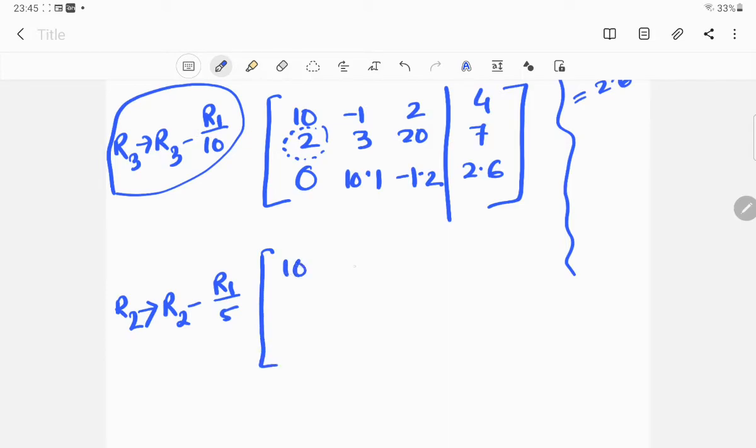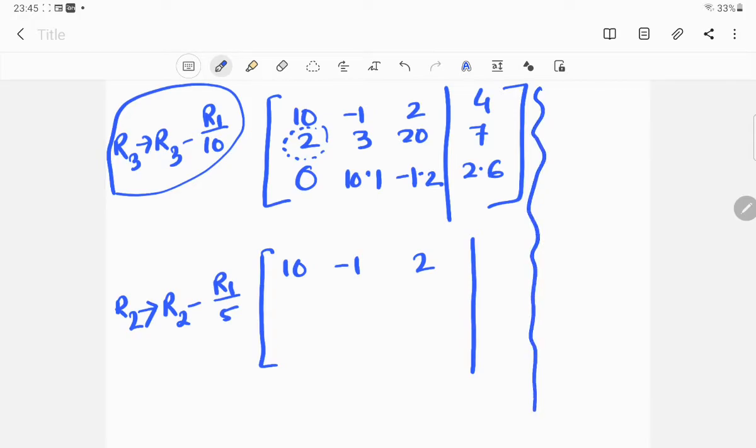So it is 10, then minus 1, then 2. And then what will happen? In the first term it will be 2 minus 10 by 5. That means 5 2s are 10, so 2 minus 2 equals 0, so this is 0.